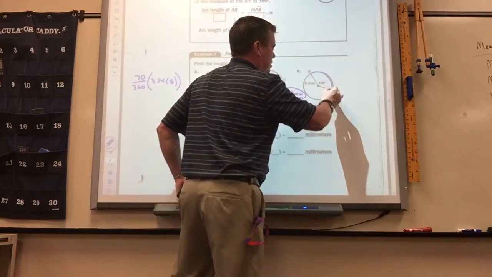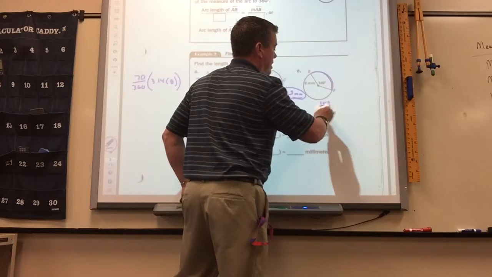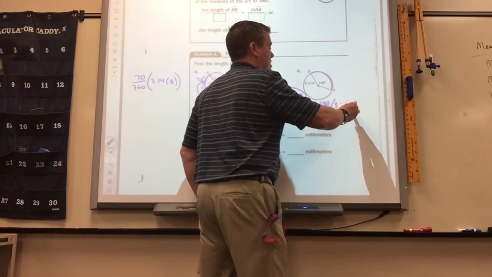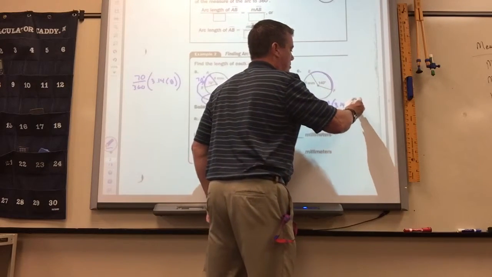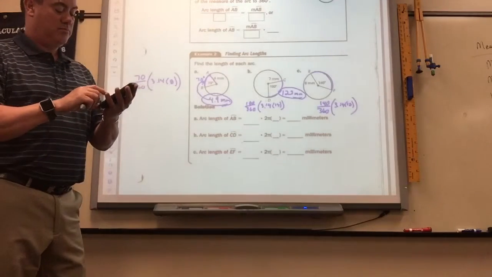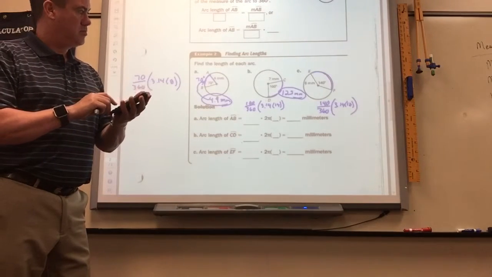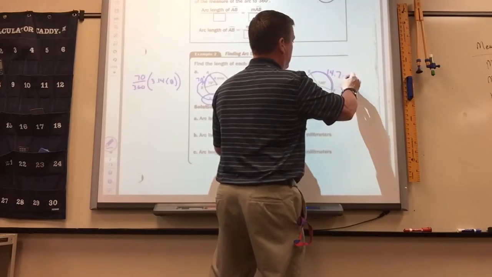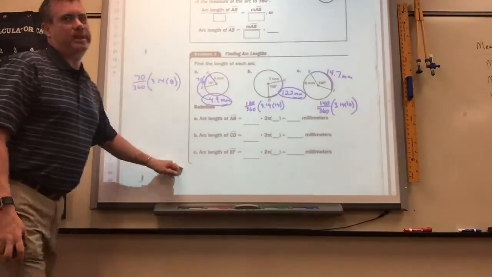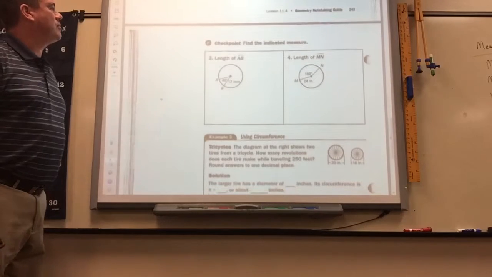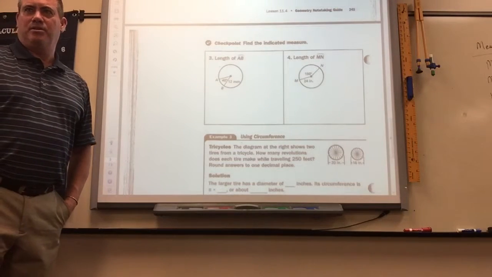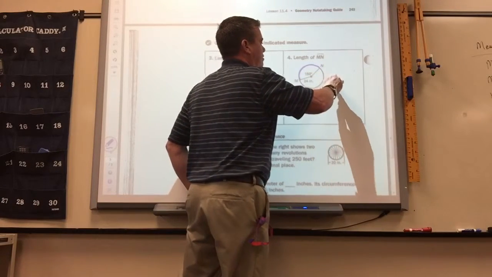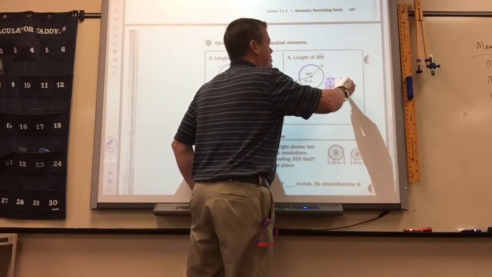For this one, we would take 140 divided by 360 times the circumference, which is pi times the diameter. That's 6, so the diameter is 12. So this would be 14.65 or 14.7 millimeters. Okay. I think you guys got that down, don't you? So when you're just finding the arc, you just take whatever fraction of it is, degrees over 360ths, times the circumference.